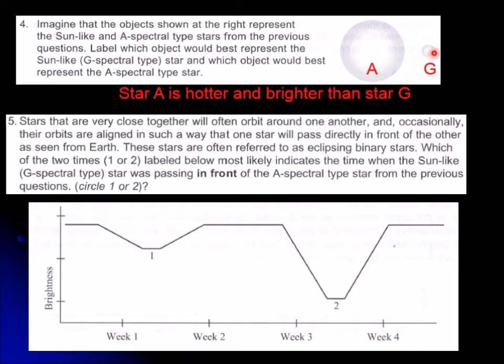Of course, if G is behind, we're going to see nothing but the A, which is very bright. So it's going to dip a little, but not as much as in this case, in which G is replacing part of A by being inside, replacing part of A. So we're going to see not all of A, but A minus the area covered by G plus the brightness of G, which is going to be this one here.